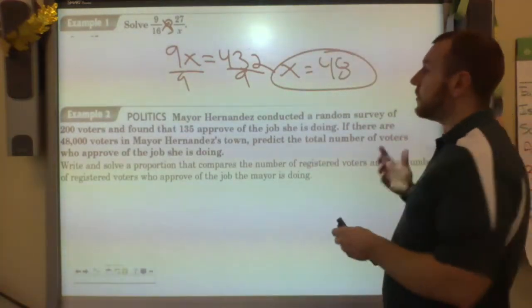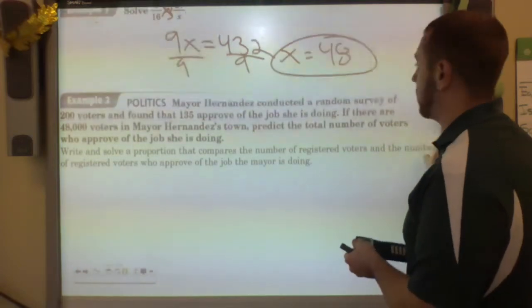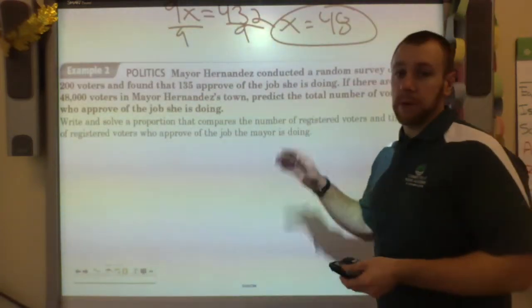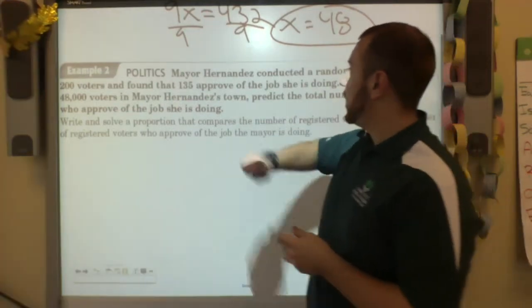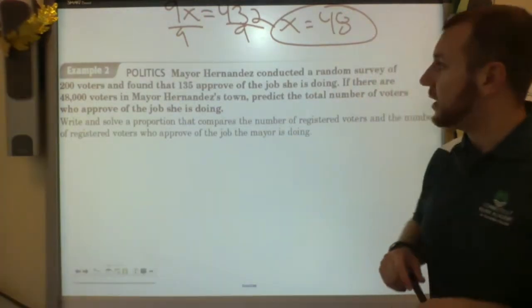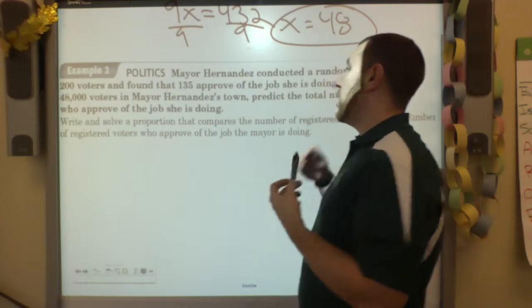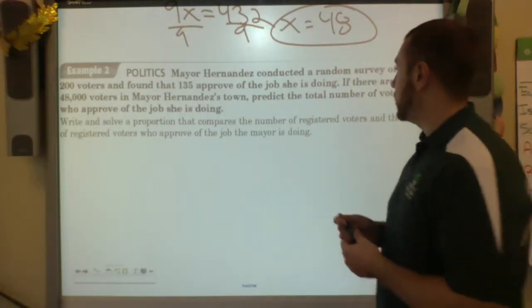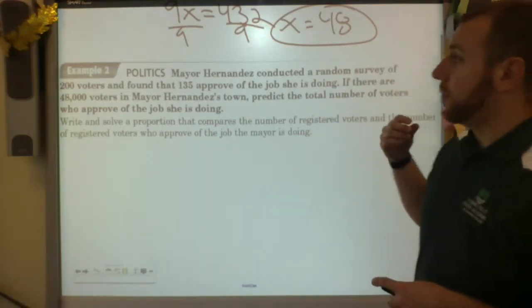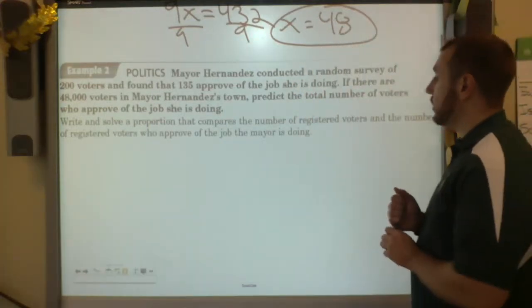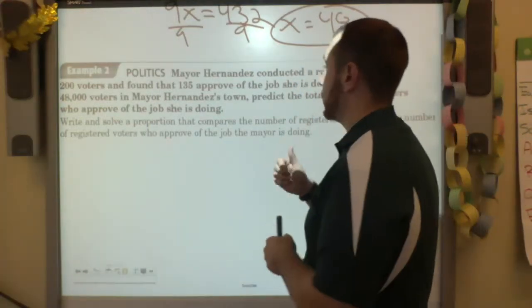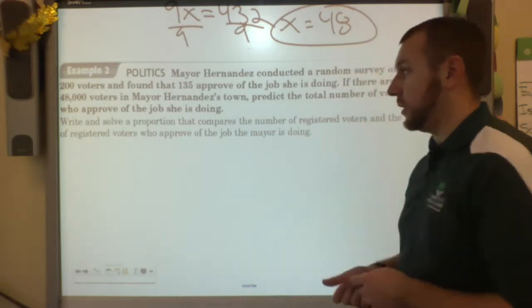Okay? Now, oftentimes proportions deal with word problems. So, going through this, Mayor Hernandez conducted a random survey of 200 voters and found that 135 approve of the job she's doing. If there are 48,000 voters in Mayor Hernandez's town, predict the total number of voters who approve of the job she's doing.